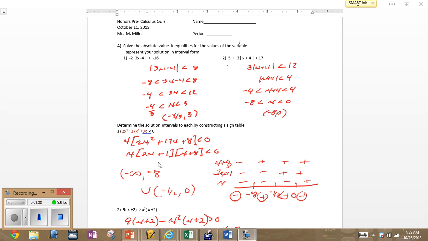Okay, the factors will contribute points on the sign table as indicated, namely a 0, a -1/2, and a -8. So we line them up in increasing order, and the factors in the same sequence from top to bottom. Okay, and construct our sign table.